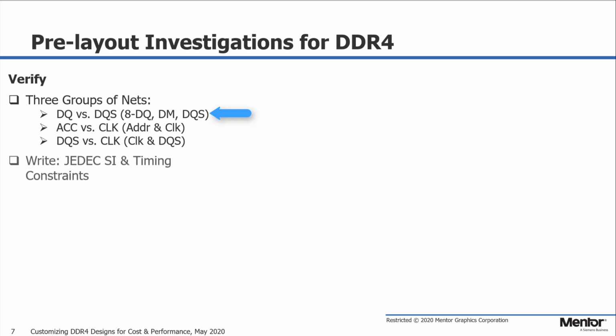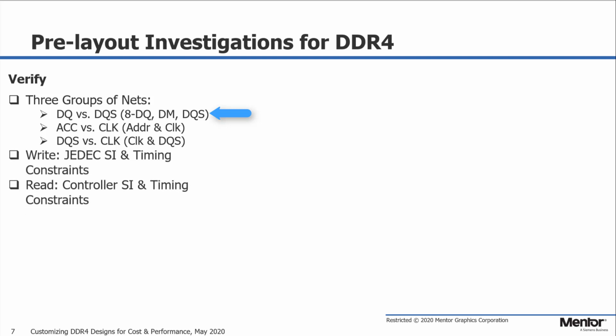Run both write and read simulations to derive routing constraints and optimize device settings on 1 byte lane, and you can apply those same constraints to the other byte lanes. You would also want to look at the address, command, and control bus with just one clock and one address net in a schematic to start with. You might want to look at skew requirements between the DQS and clock signals.